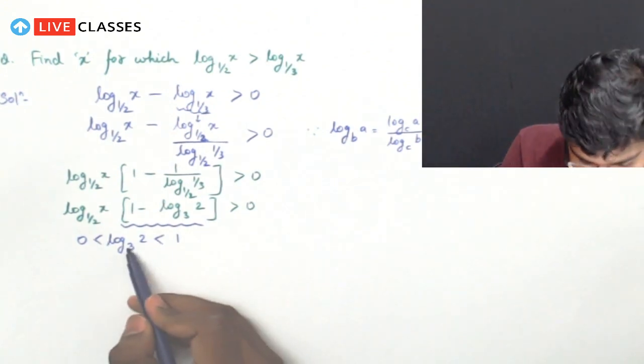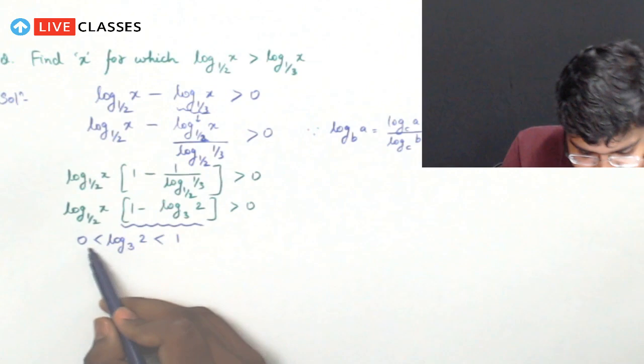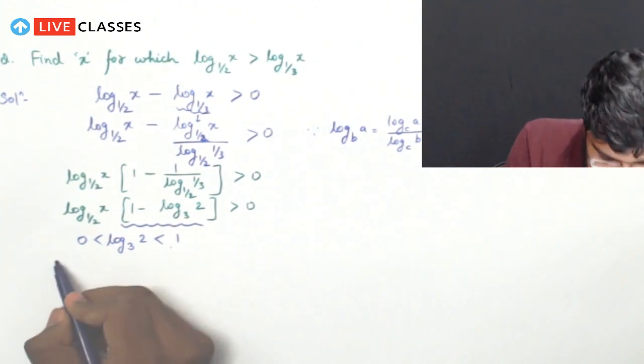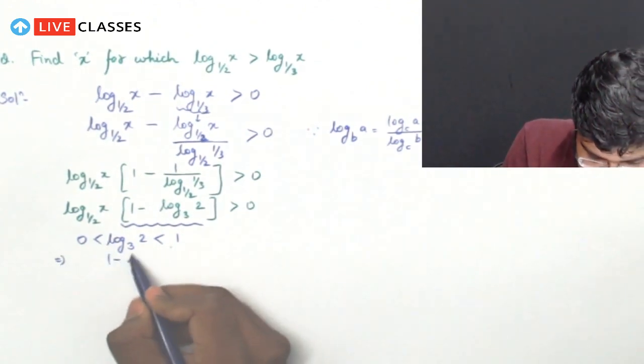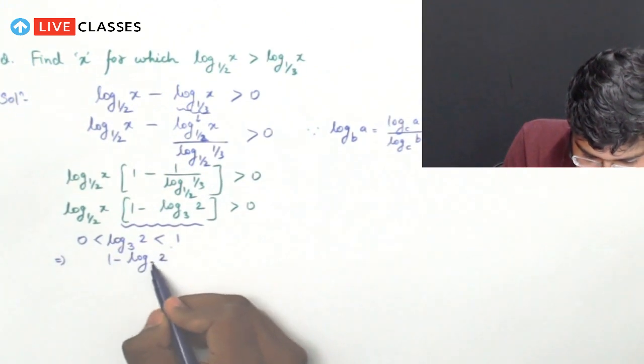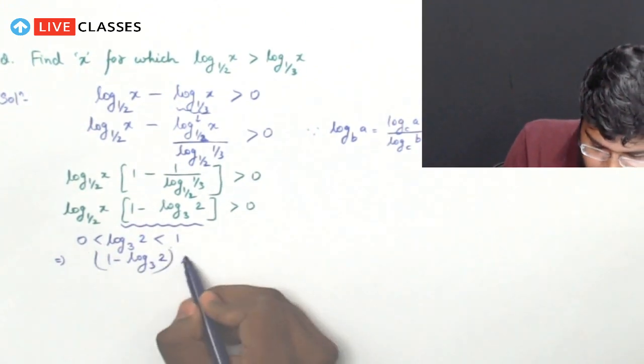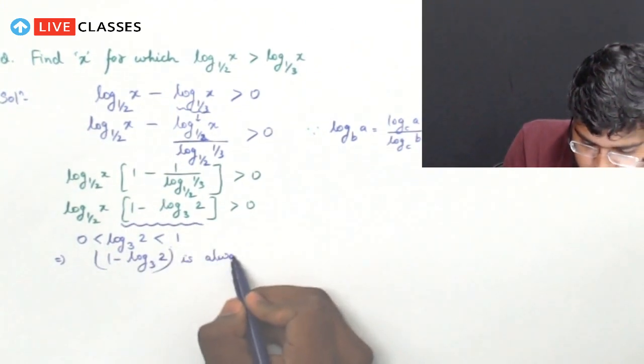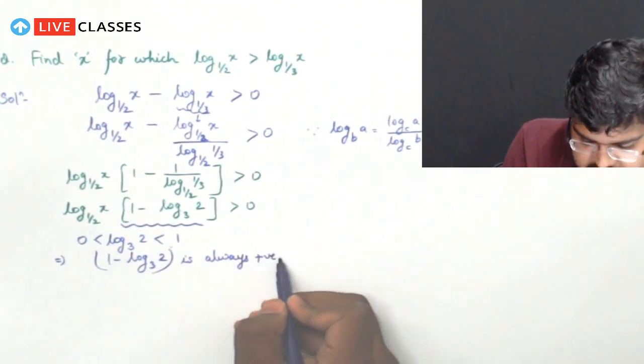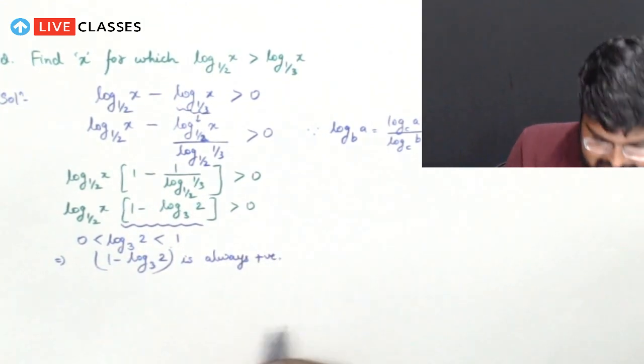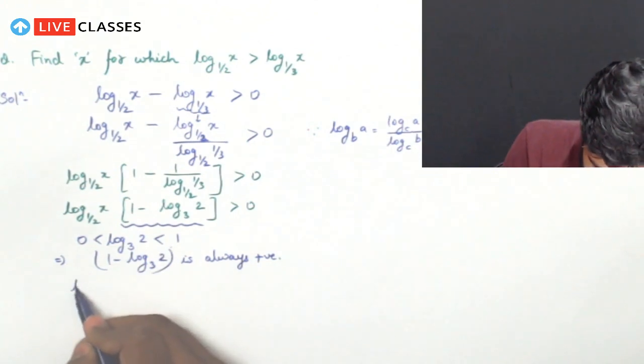This means that this particular value will be greater than 0 but less than 1. This implies that 1 minus log of 2 with base 3 is always positive.